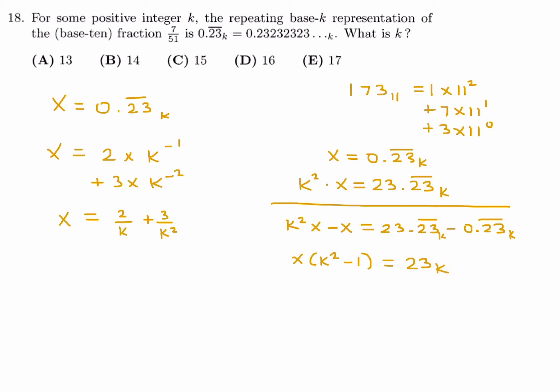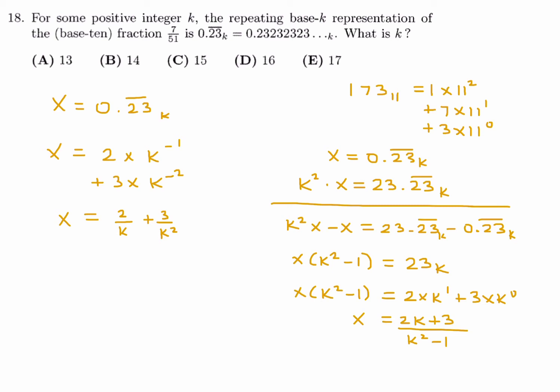Well, 23 in base k is 2 times k to the power of 1 plus 3 times k to the power of 0, and this just becomes 2k plus 3. Then I'll bring that k squared minus 1 over, and that's x.